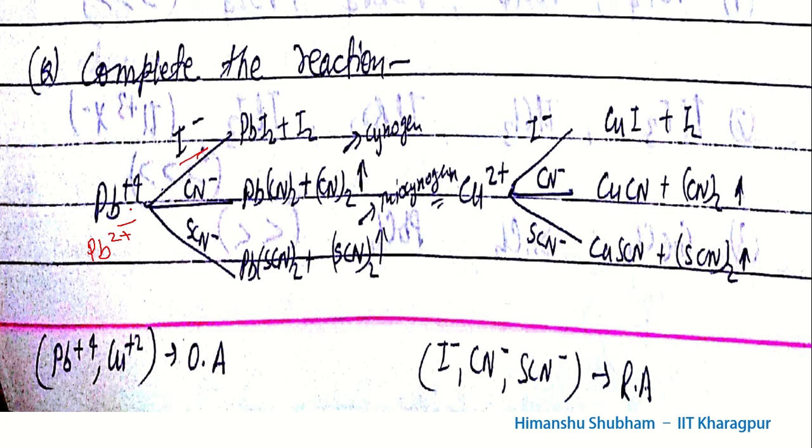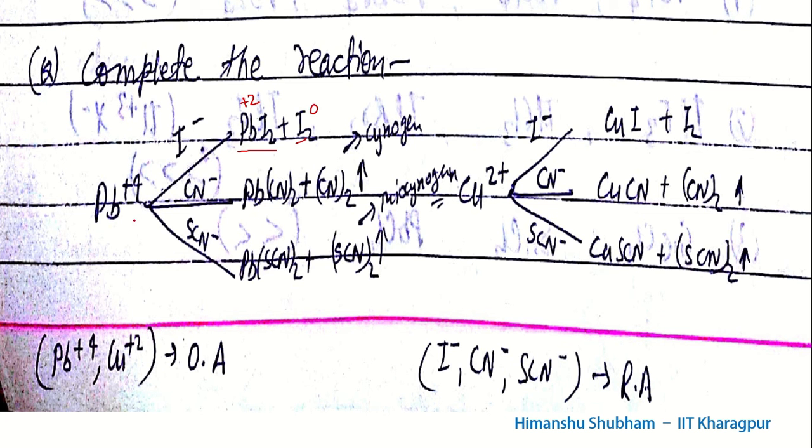So we have the reaction between an oxidizing agent and a reducing agent. The final product would be such that lead would be in the +2 state and iodine would be in the 0 oxidation state, and hence the product would be PbI2, where Pb is in +2 oxidation state, and I2 where iodine is in 0 oxidation state.